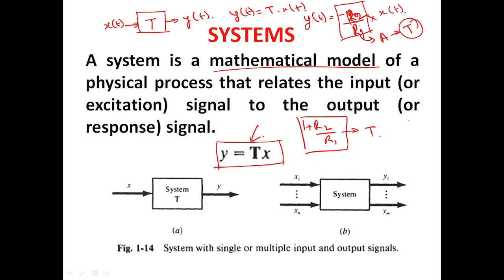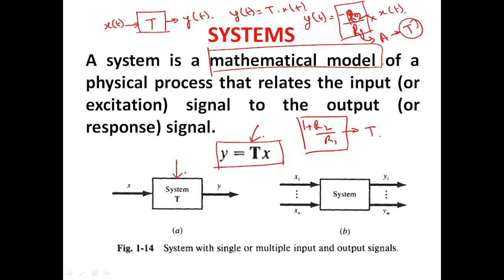So the main thing we want to say is, what is a system? A system is nothing but a mathematical model. In the case of the non-inverting amplifier, it is 1 plus R2 by R1, so this mathematical model is for the non-inverting amplifier. For the inverting amplifier, it is minus of R2 by R1.